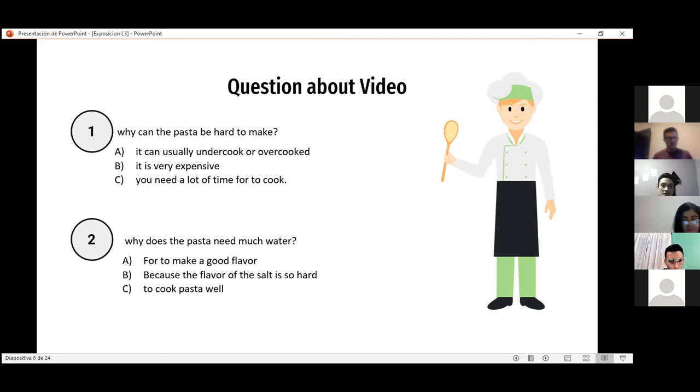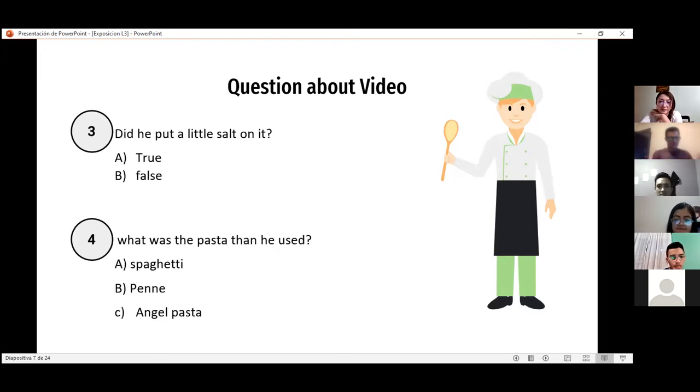The options are to make a good flavor, because the flavor of the salt is so hard, or to cook pasta well. I think C, to cook pasta. Yes. It's because the pasta needs a lot of water to cook very well. It's the correct answer. Very well.